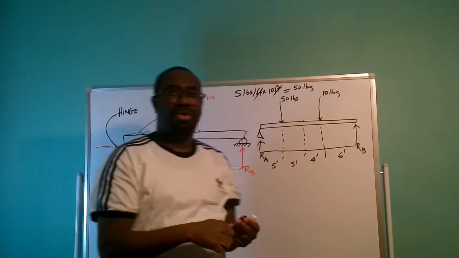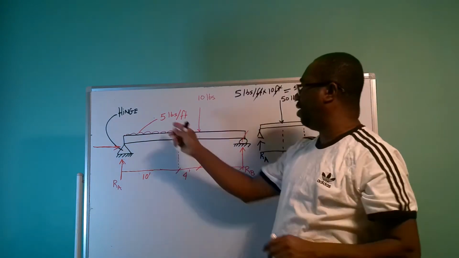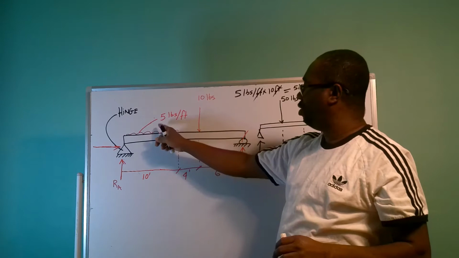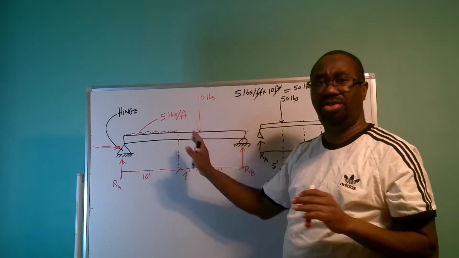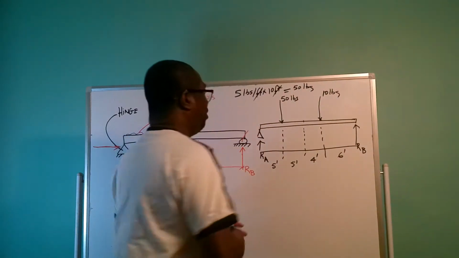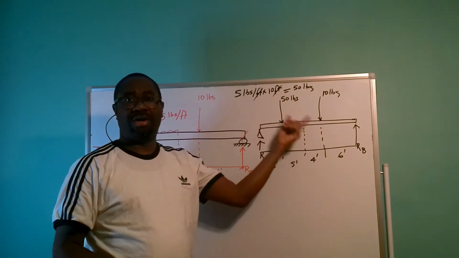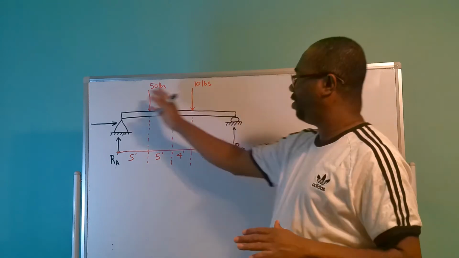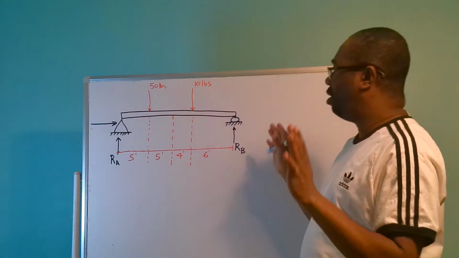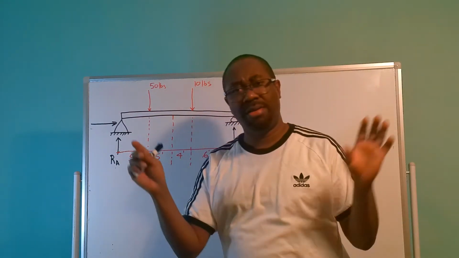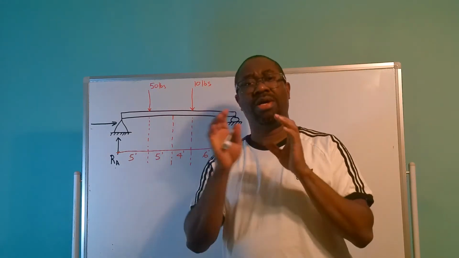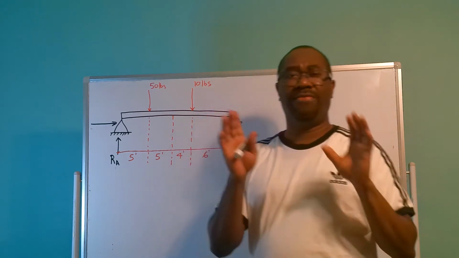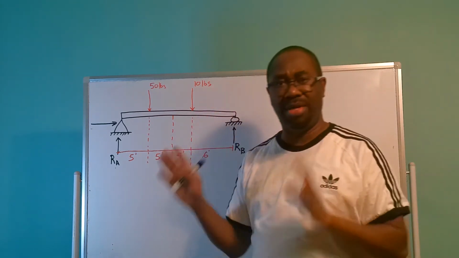So when I have converted the uniform distributed load here into a point load, the beam is going to look something like this. So this is the beam system here. So the first step in plotting your shear force and your bending moments diagram is to find the reactions of your beam.